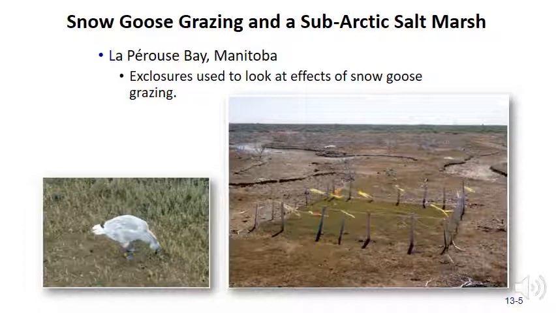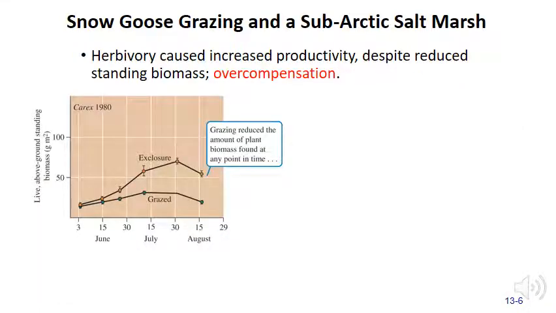As you can see from this picture, inside the exclosure where there's no grazing, there's an obviously higher level of standing biomass. So there's longer grass within that exclosure than there is outside of it. And that idea was borne out in the data.